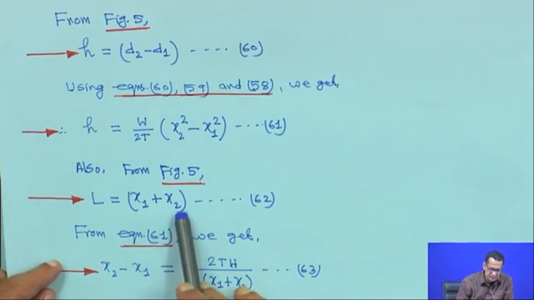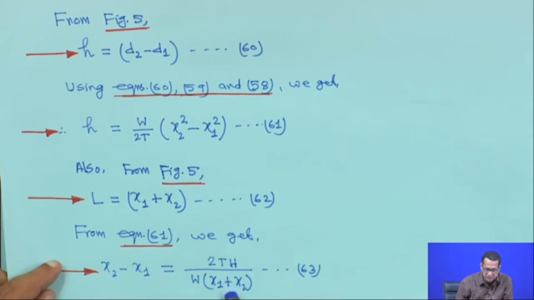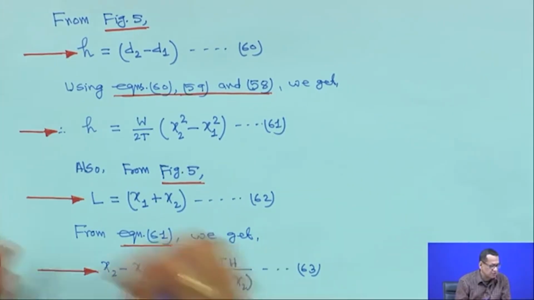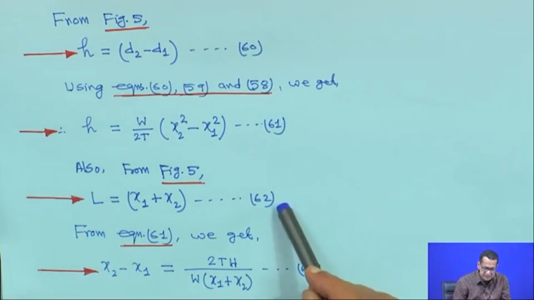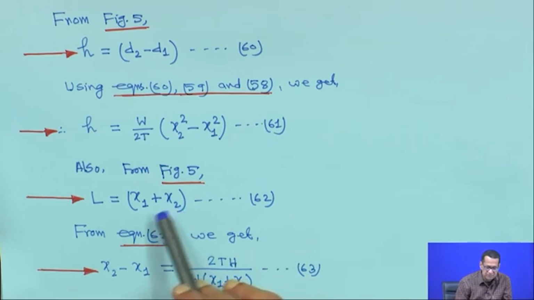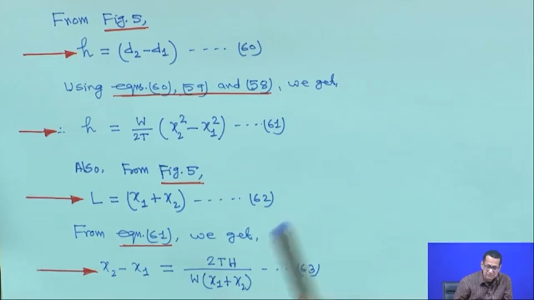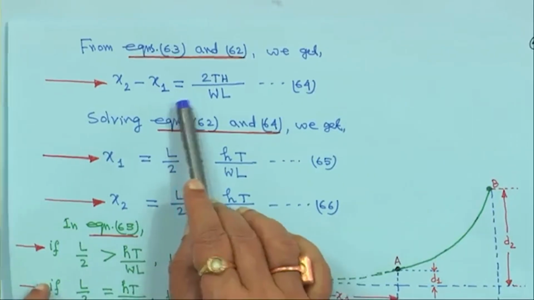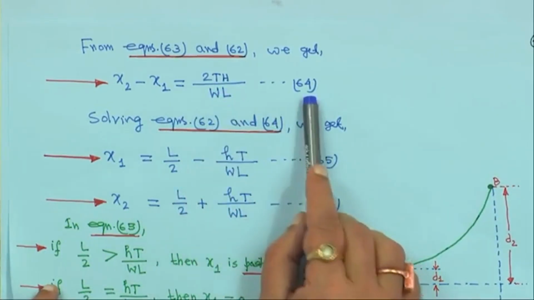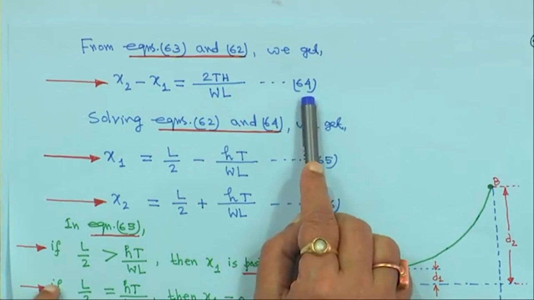And x1 plus x2 is equal to L, so these two equations we can solve. Solving equations 62 and 63, x2 plus x1 is equal to L, and x2 minus x1 is equal to the above expression. If you solve these two equations, you will get x2 minus x1 is equal to 2th upon wL, this is equation 64.